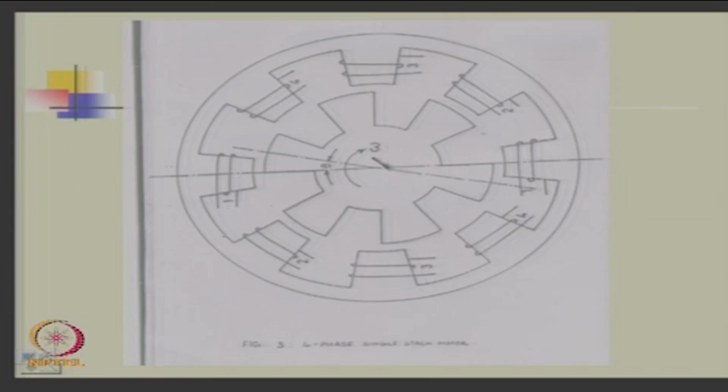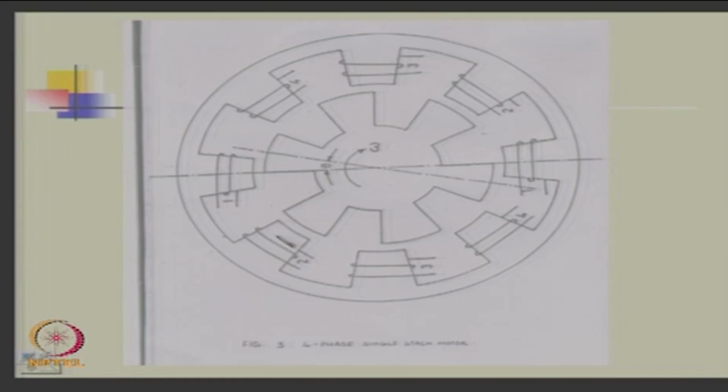And this is the rotor, and the rotor is aligned with which phase at this position? Phase 2, right. That means phase 2 will have maximum inductance at this position, okay.